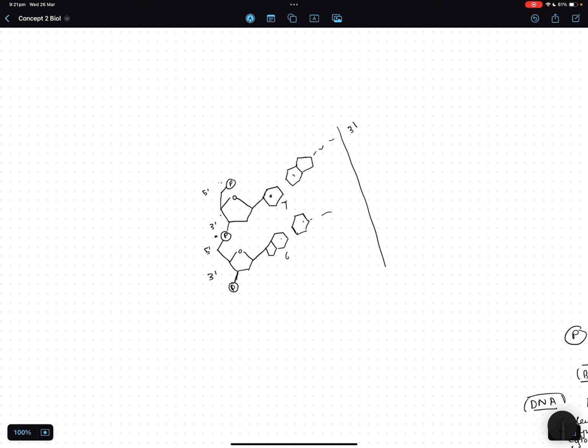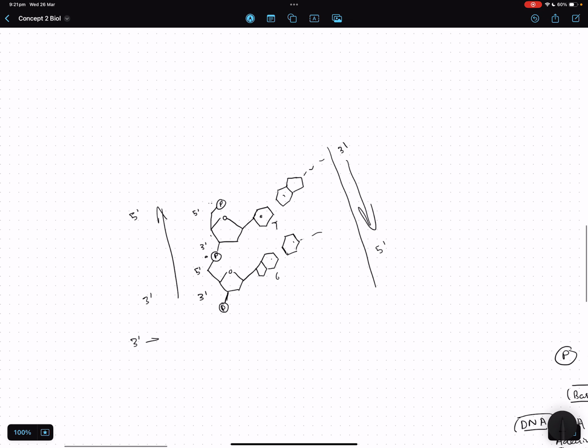There'd be a 3' carbon here and a 5' carbon here in that direction, and this is a 3' carbon here to a 5' carbon here. So this one is going 3' to 5', but looking at the orientation of this, it's running 5' to 3'.